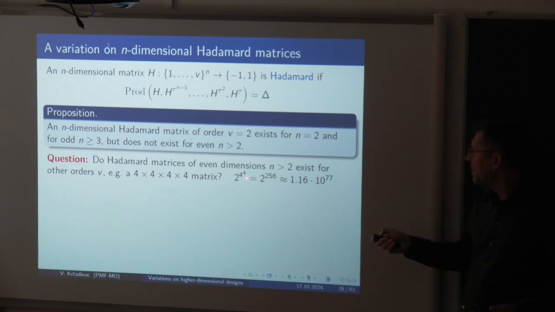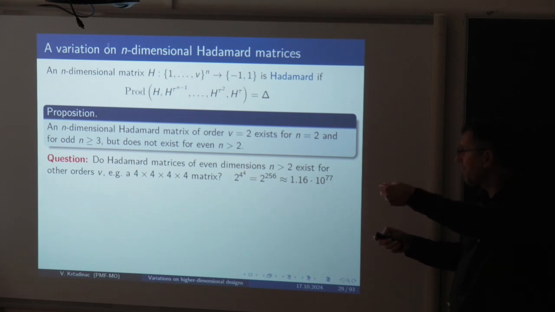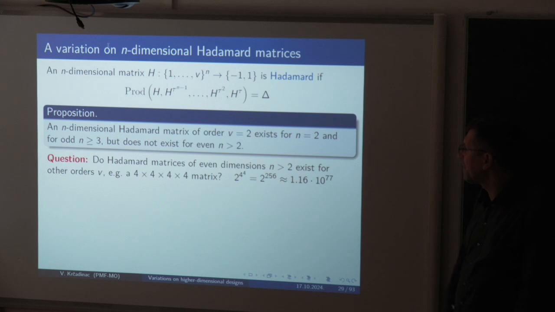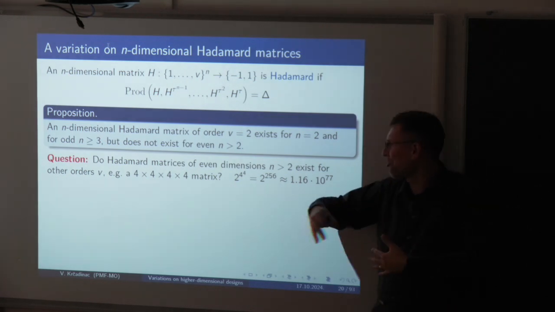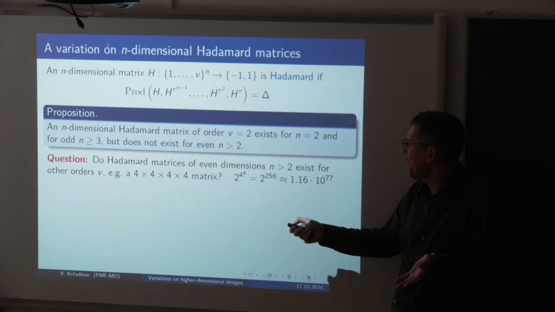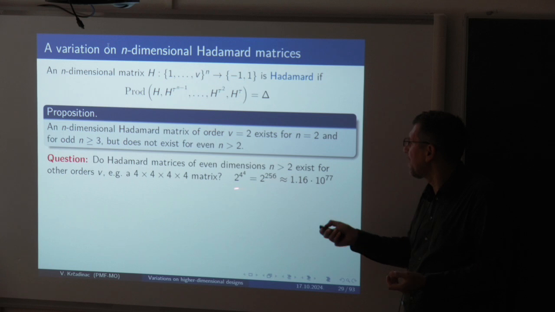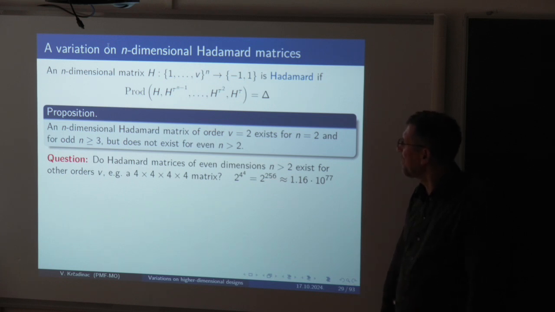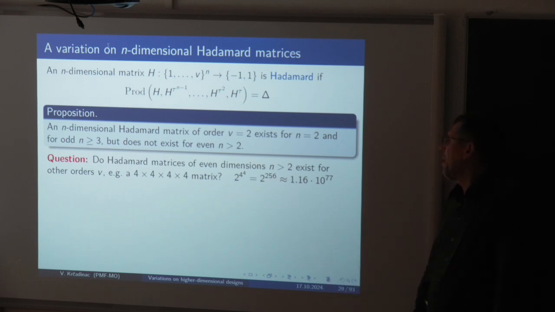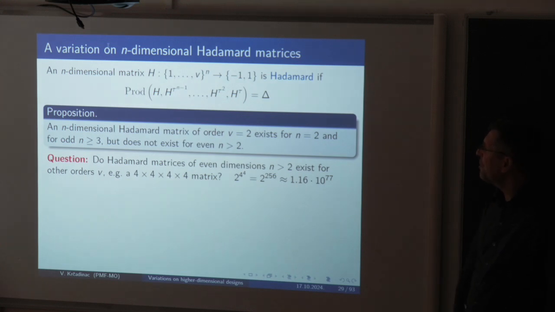You have 4 to the power 4 positions in this matrix, and in each one of them you can put either 1 or -1, so it's already 2 to the power 256, which is about 10 to the power 77. So you're not going to be able to check all of them, but I think for 4 times 4 times 4 it should be possible to calculate. Maybe not in this crude way, but with a little bit of effort, you can probably answer this question. And my guess would be that for even dimensions bigger than 2, they don't exist at all.